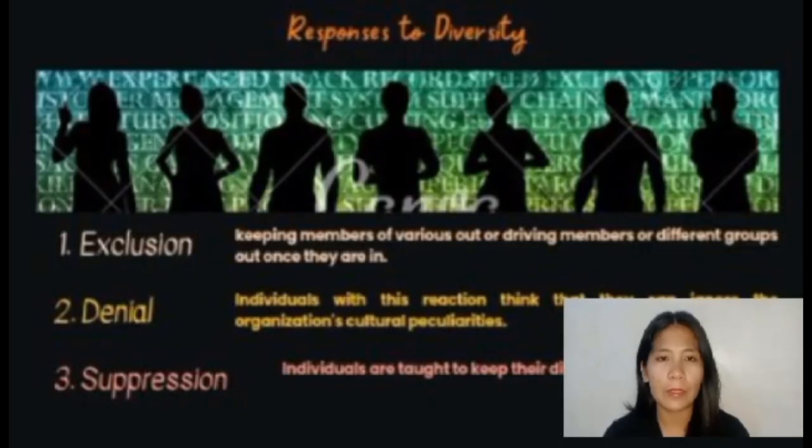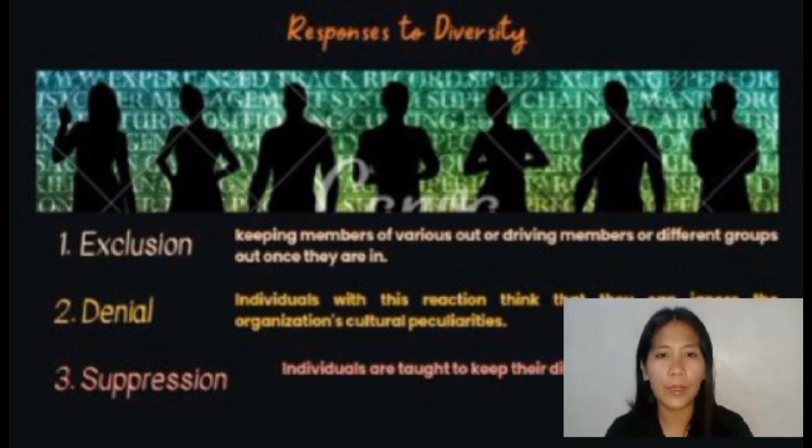The last topic is responses to diversity. First one is exclusion. It refers to the act or practice of preventing individuals or groups from participating fully in social, economic, or cultural life. For example, discriminating against individuals based on gender or gender identity. Denial refers to the refusal or unwillingness to acknowledge or accept certain facts, realities, or experiences.